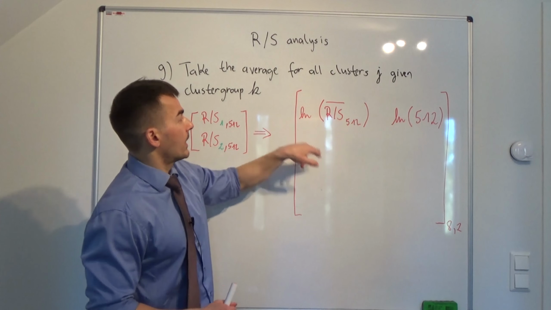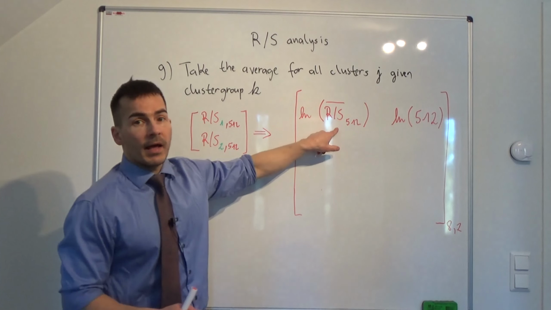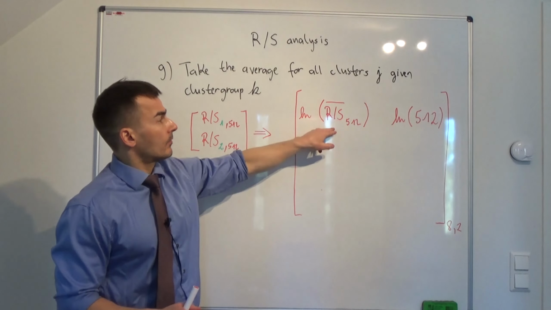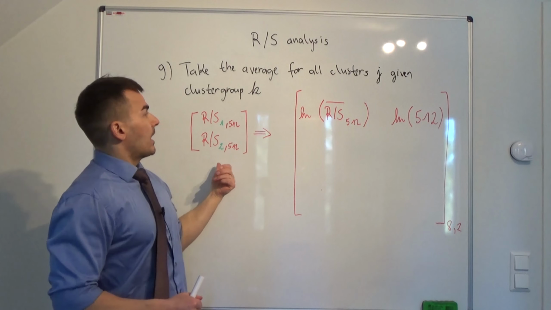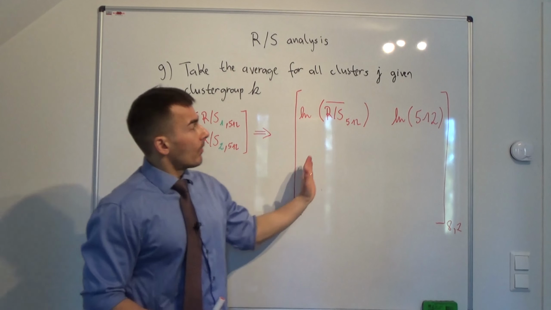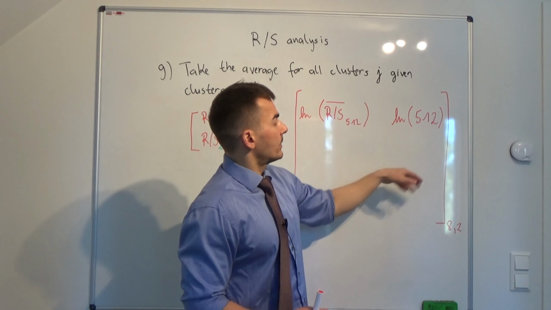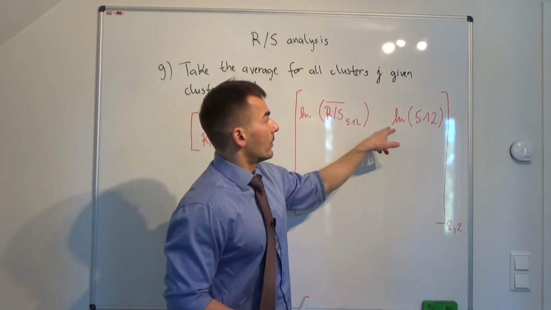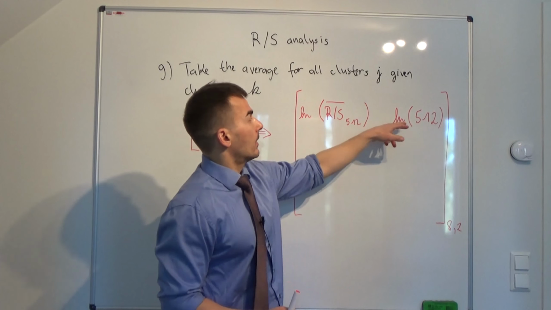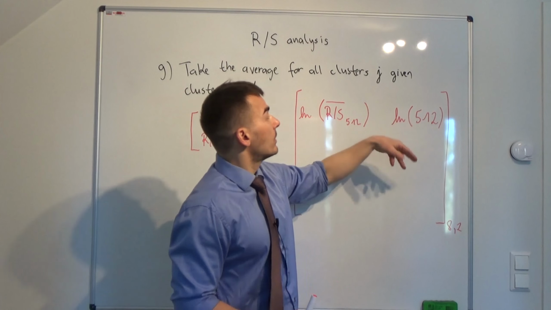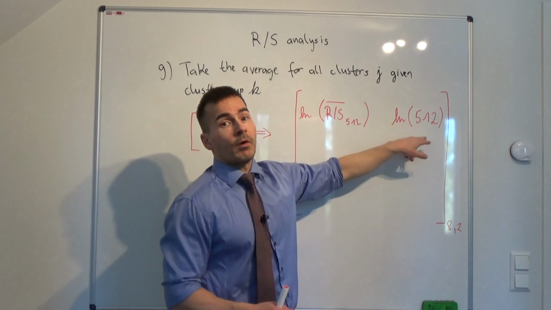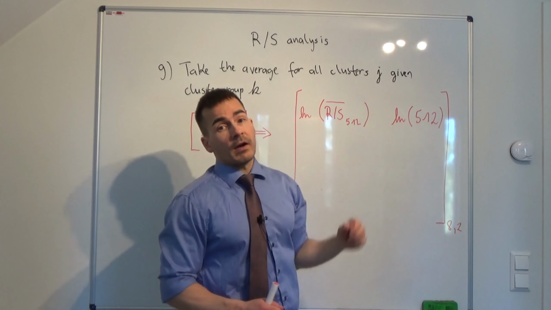And then we have to take the natural logarithm of the sample average of that data vector. And on the right hand side of that matrix here, the element in the first row is then simply the natural logarithm of the corresponding cluster size, which is 512.